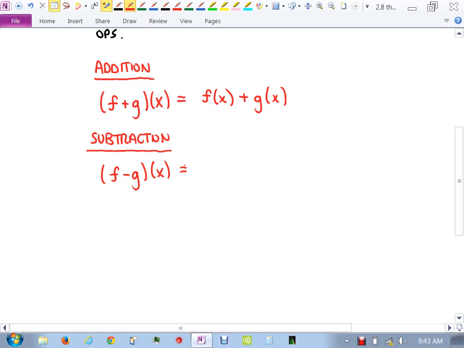You can swap the order around. With subtraction, is it the same? Is 4 minus 3 the same as 3 minus 4? No. So when you write f minus g, the f function comes first, then you take away the g function.